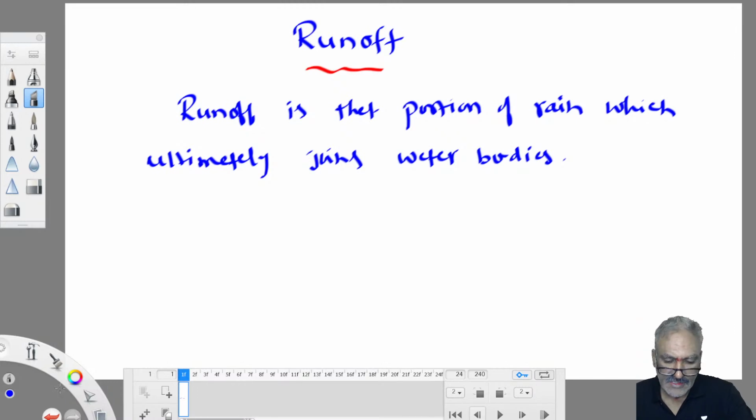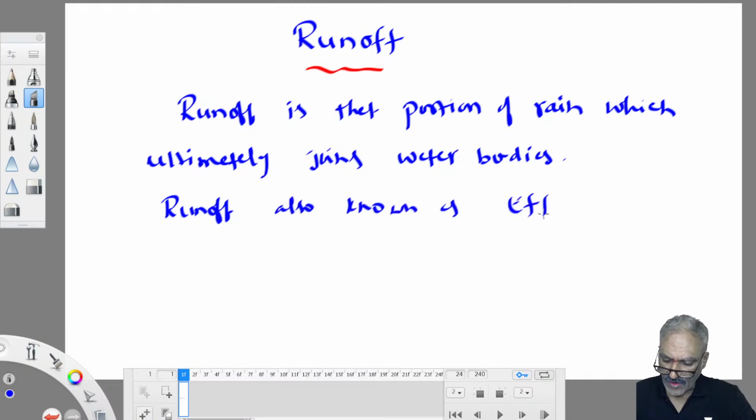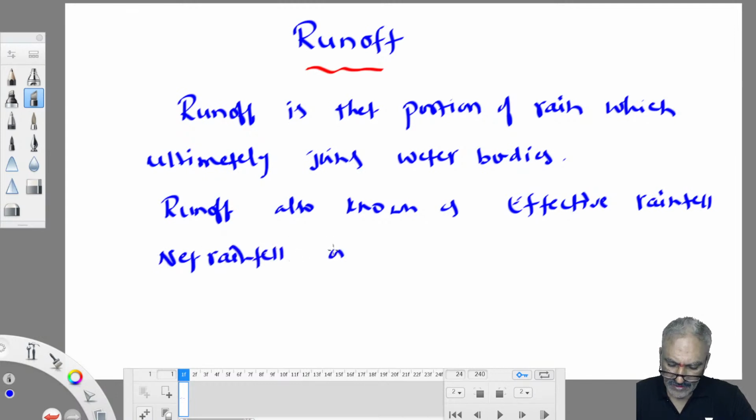By performing a hydrological analysis in a catchment, we try to find out the runoff component. Runoff is also known as effective rainfall, net rainfall, excess rainfall, or rainfall excess.